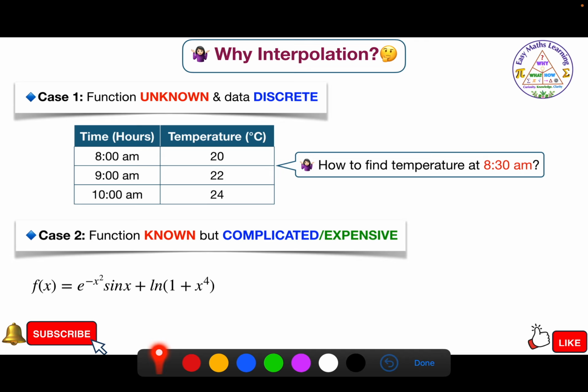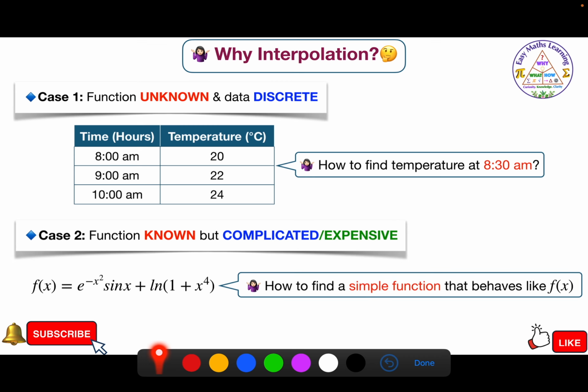So instead of using this function, can we find a simple function that behaves approximately like function f(x)? Here simple function means function that is easy to compute, gives close results, and saves computational time.